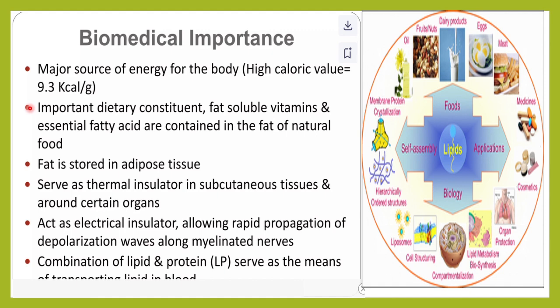So, what is the importance of lipid? Lipid is a major source of energy for the body. It has a very high caloric value and it is an important dietary constituent for absorbing the fat soluble vitamins, essential fatty acids, etc. Lipid acts as a thermal insulator in the subcutaneous tissue, which helps us maintain the temperature.